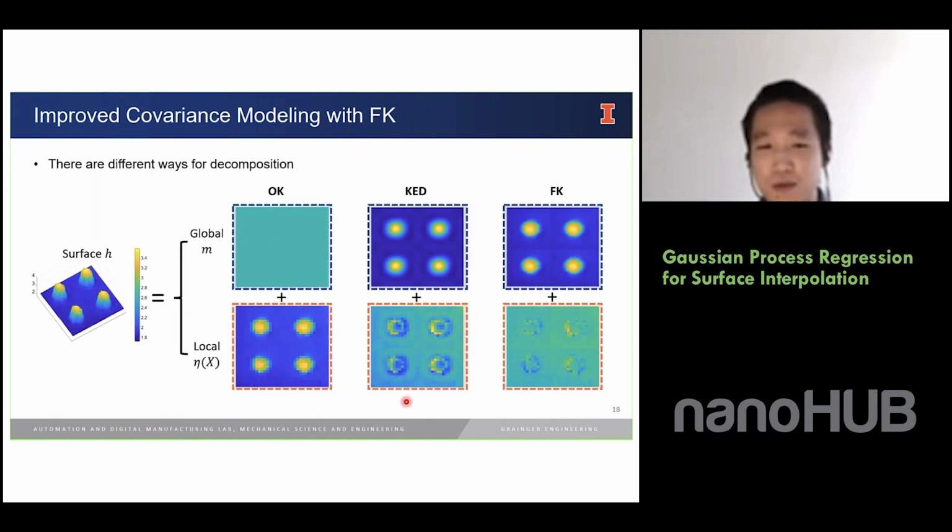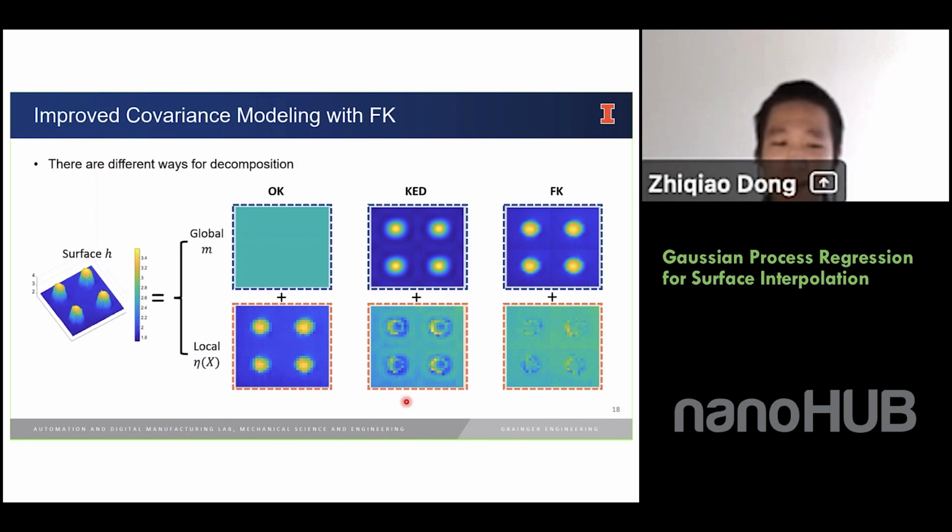Then we can come back to compare different GPR-based methods. Recall that different methods deal with the global trend and local variation in different ways. And with different assumptions about the global trend, the local variation can display different properties. We can see from the figures in the first row, in the first figure, ordinary Kriging assumes the constant trend, which captures no periodicity.